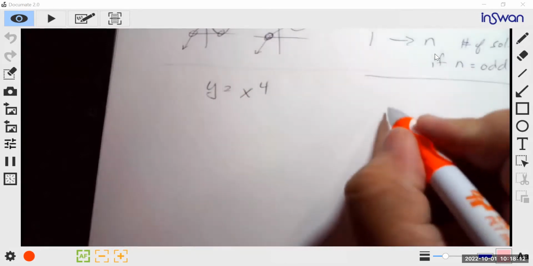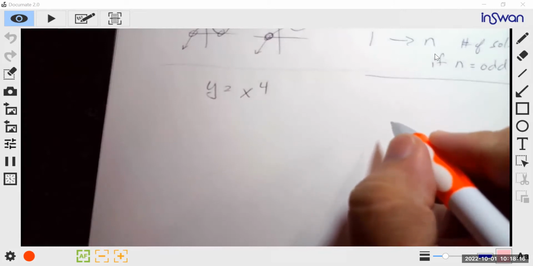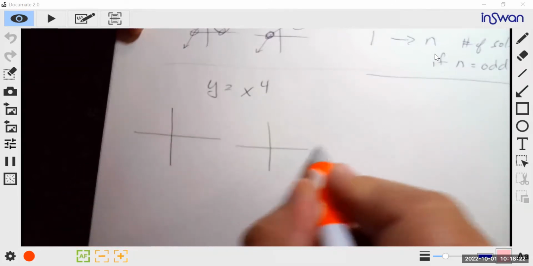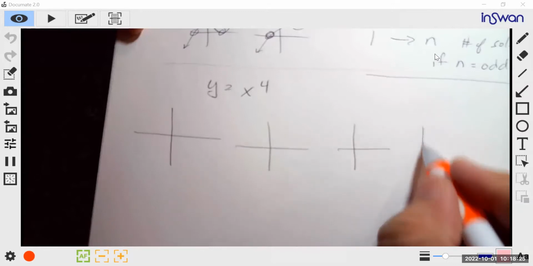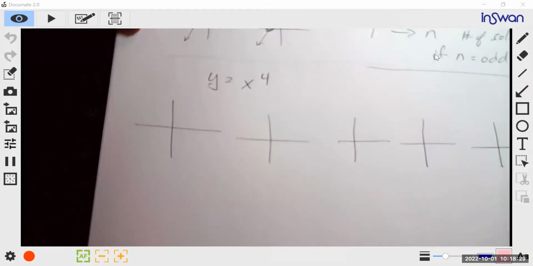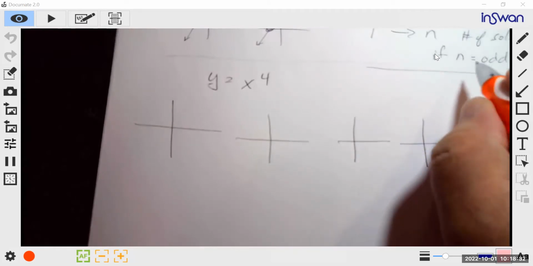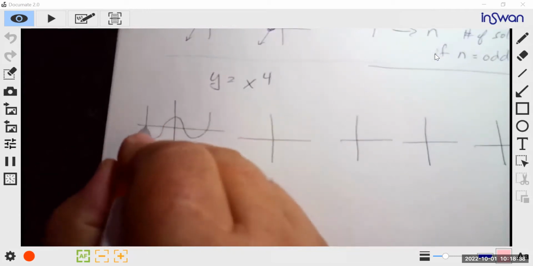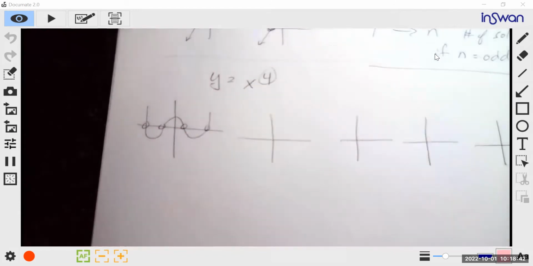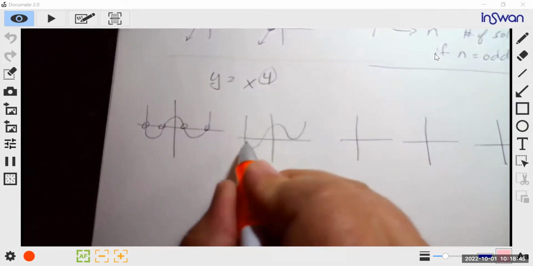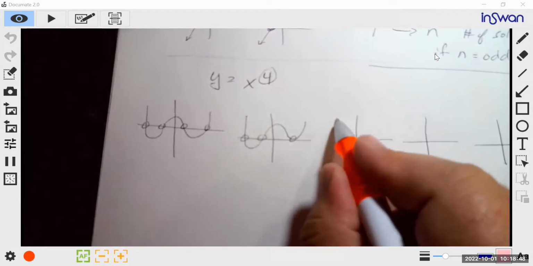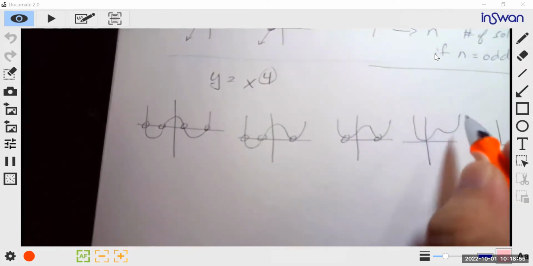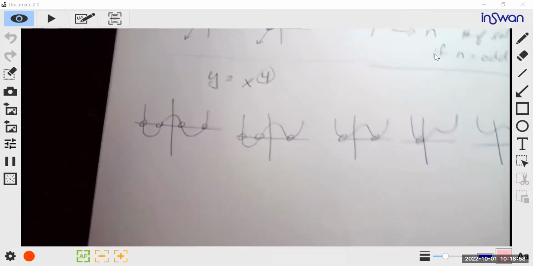And if n is even, we can have 1, 2, 3, 4 solutions. 1, 2, 3 solutions. 2 solutions. 1 solution, or no solutions.